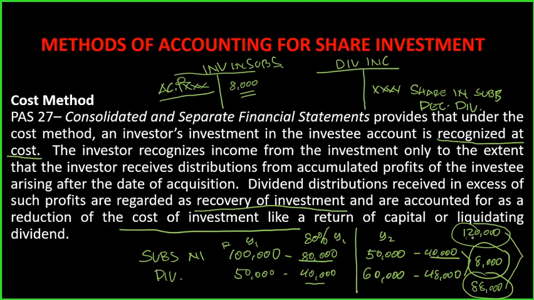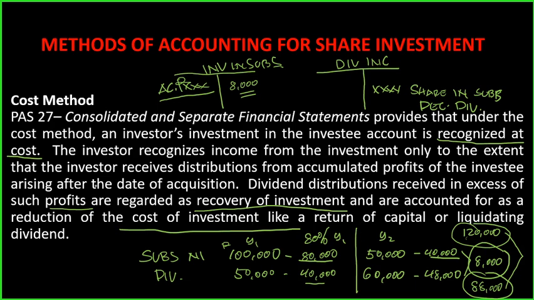Now, if you read PAS number 27, it says: The investor recognizes income from the investment only to the extent that the investor receives distributions from the accumulated profits, and the dividend distributions received in excess of such profits are regarded as a recovery of investment and are accounted for as a reduction of the cost of investment. That is, reduction in the cost of investment, like a return on capital.